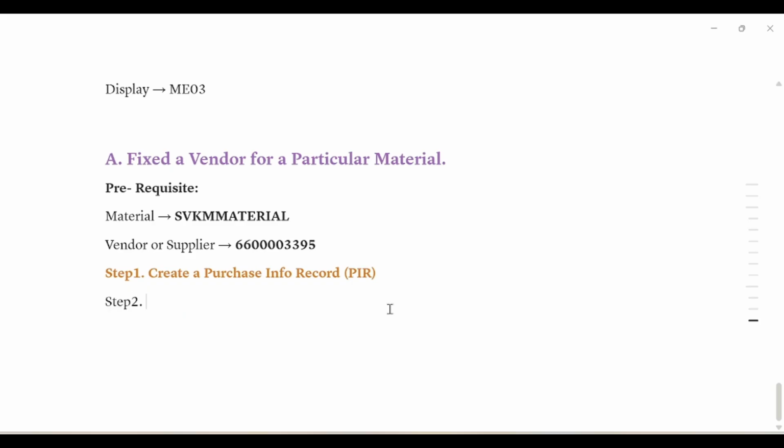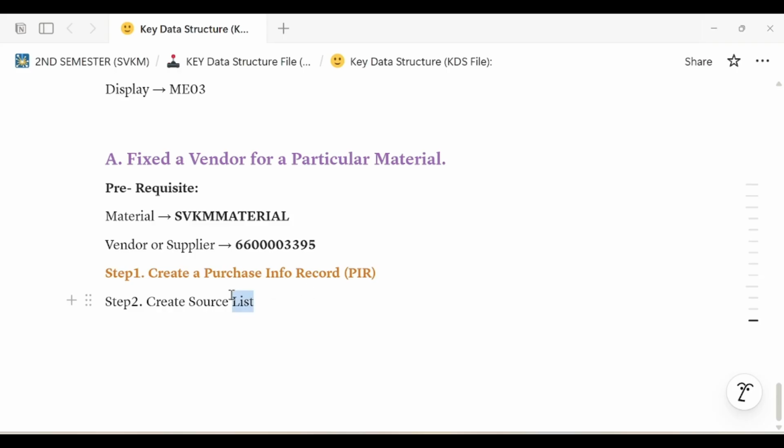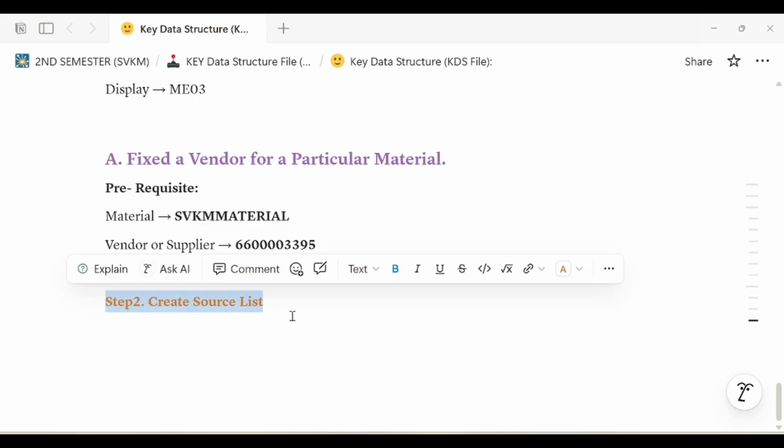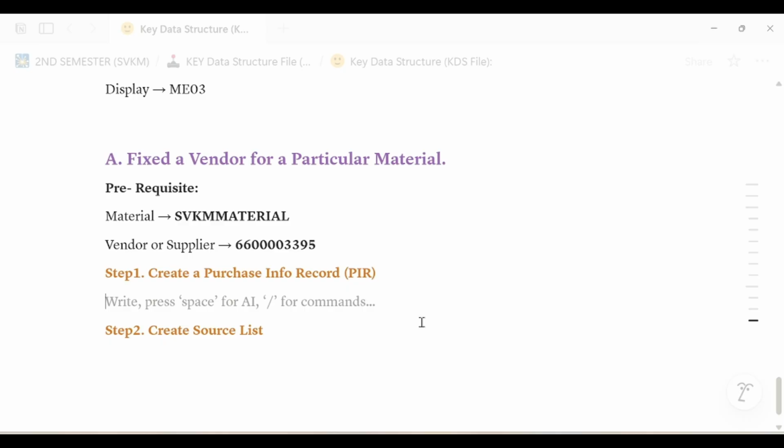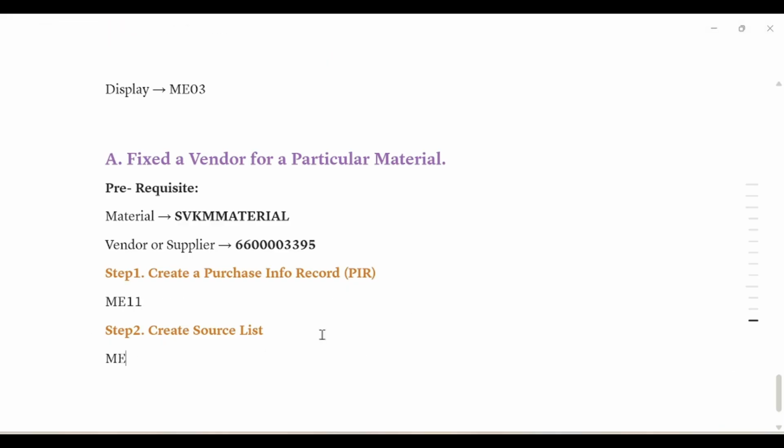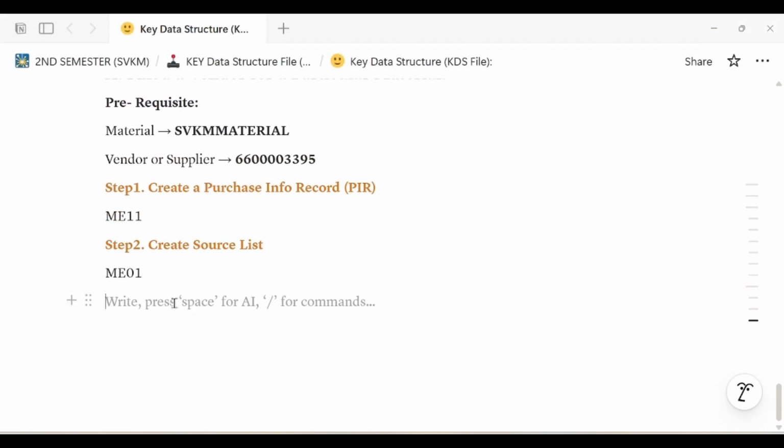Second step, create or maintain the source list, using T code ME01.